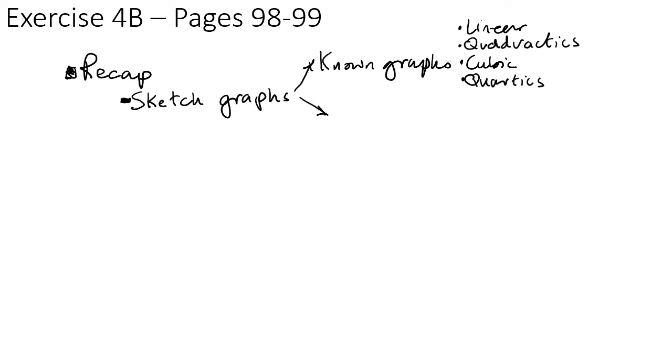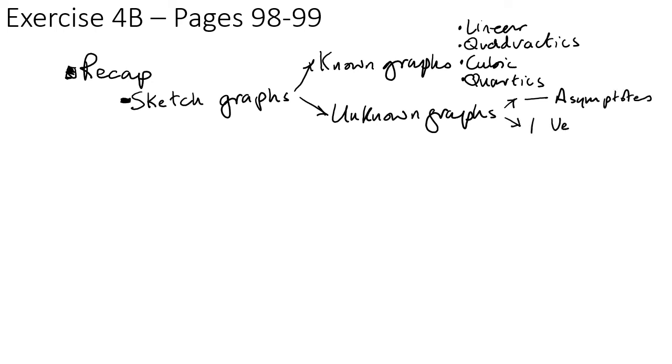For any unknown graphs, like we just did, then we need that method of finding horizontal asymptotes, vertical asymptotes. Don't need to write the word vertical since I've already drawn a line to indicate it's vertical. So vertical asymptotes like this.